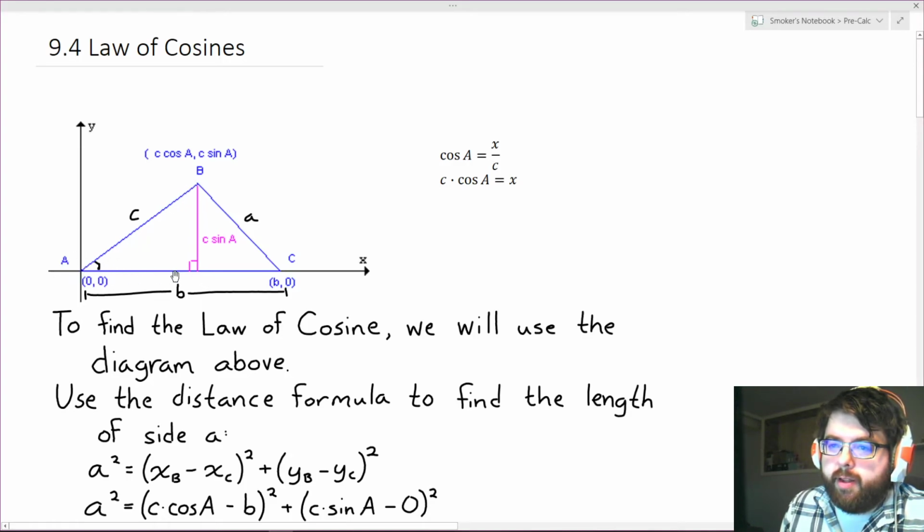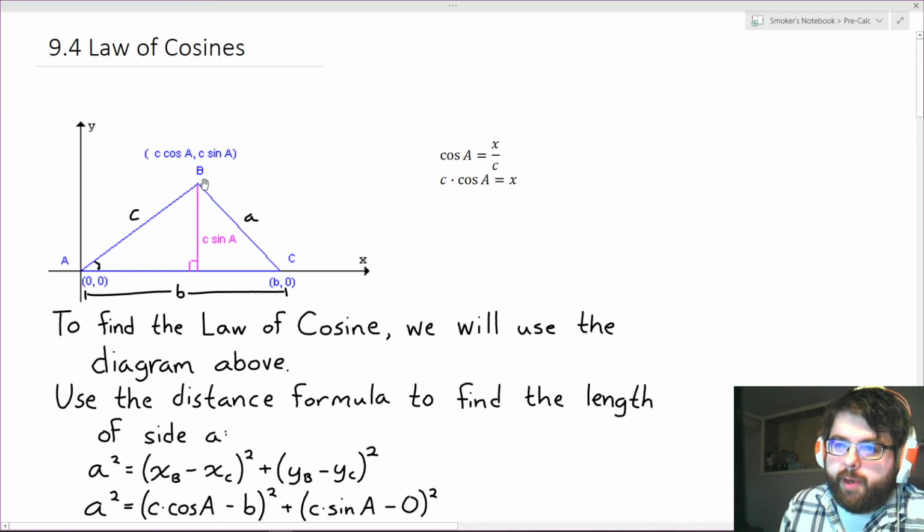That gives me the x value for B. Same with the y value: you can change it to sine and change this to y, opposite over hypotenuse, and then multiply both sides by c.